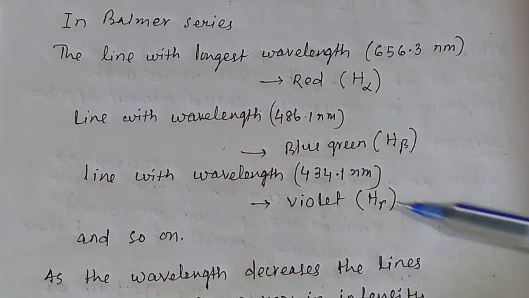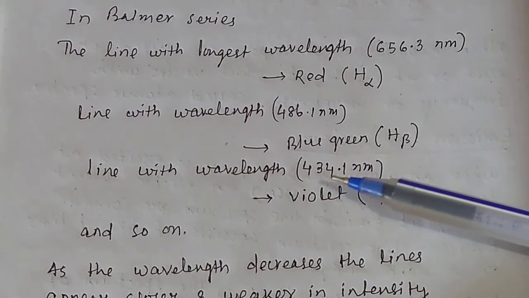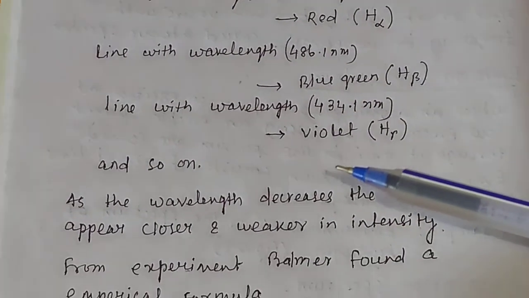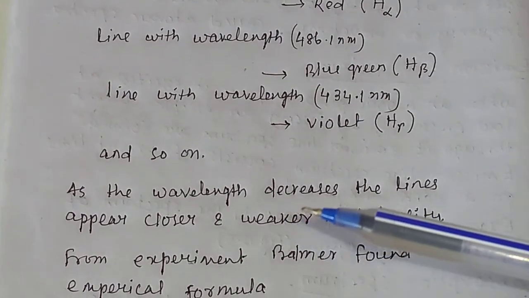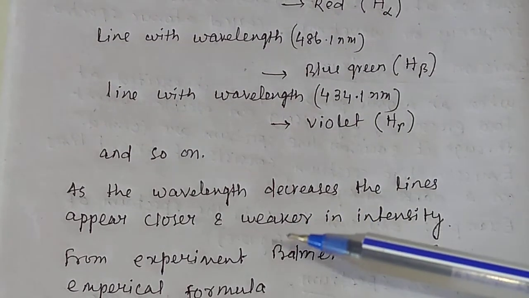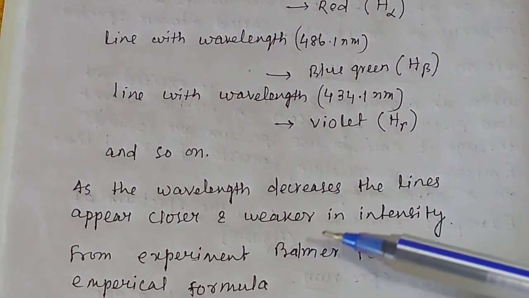From Balmer's experiment, he found that as the wavelength decreases, the lines appear closer and weaker in intensity.